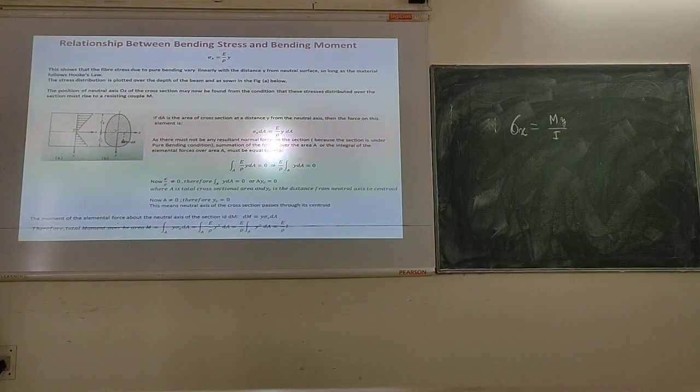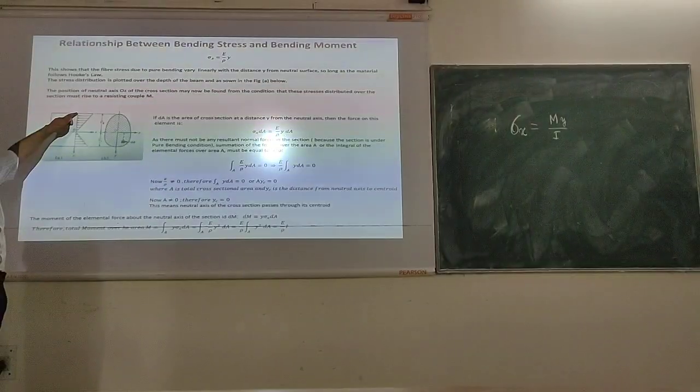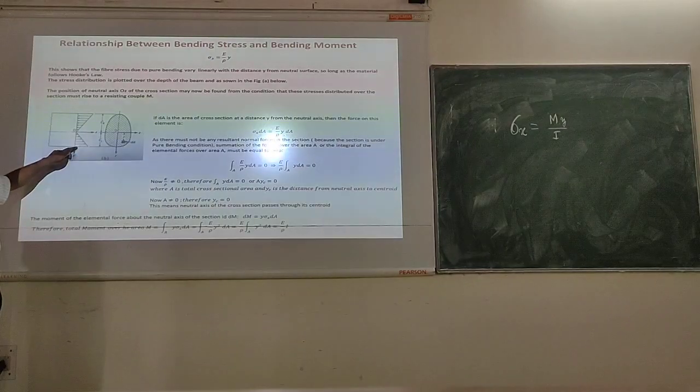I is not varying. Which is varying? Y is varying, right? So if Y is varying, then your topmost fiber and the bottommost fiber will have the maximum bending stress. And that's what you can see from this diagram also. The topmost portion will have the maximum, the bottommost portion will have the maximum.